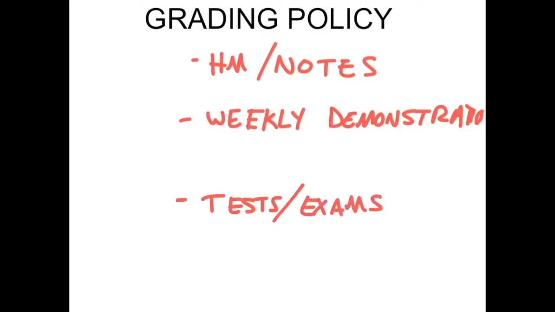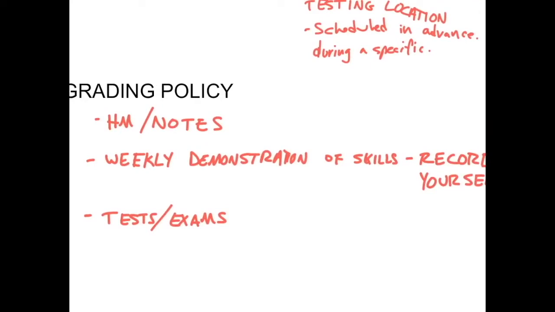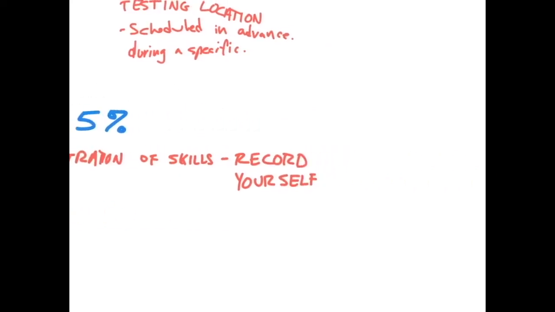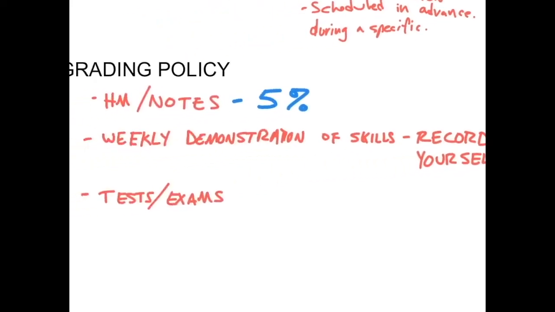Okay. Now, within each of these, your homework and your notes accounts for 5% of your grade. This is weighted. Okay. The weekly demonstration of skills, when you record yourself, is a whopping 35%. Okay. Tests and exams are going to be 60%, sorry. Okay.